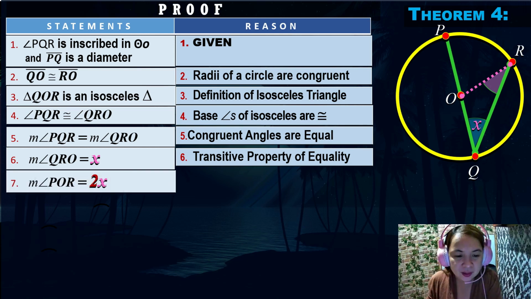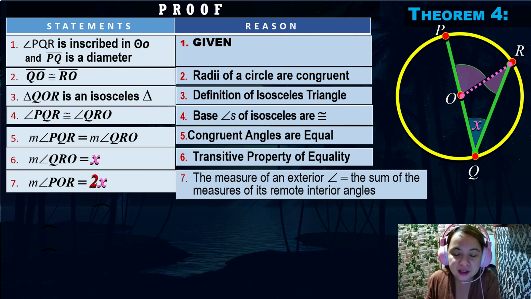Number 7, we have the measure of angle POR is twice the measure of angle QRO. And the reason for that is the measure of an exterior angle is equal to the sum of the measure of its remote interior angles.